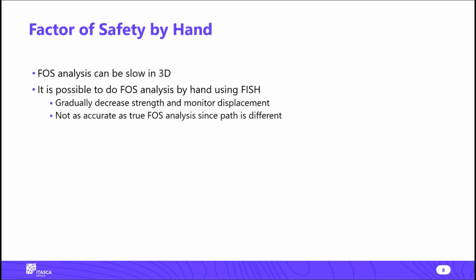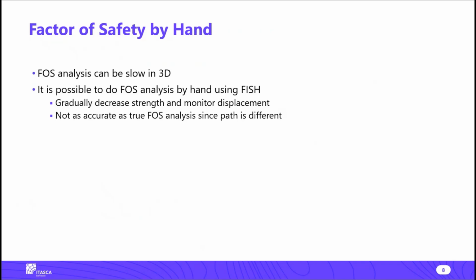Another thing I'll show in an example in a minute is calculating factor of safety by hand. The built-in factor of safety calculation does this binary search where it runs multiple simulations to try and narrow down the actual factor of safety. And this can end up with you running 7 or 8 models. In 2D, this is probably okay.